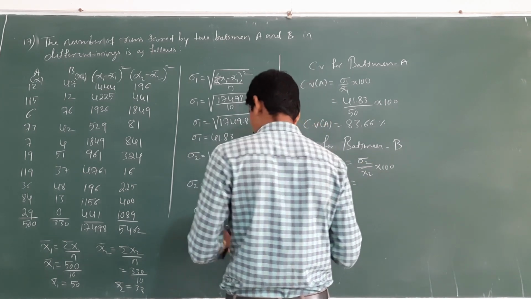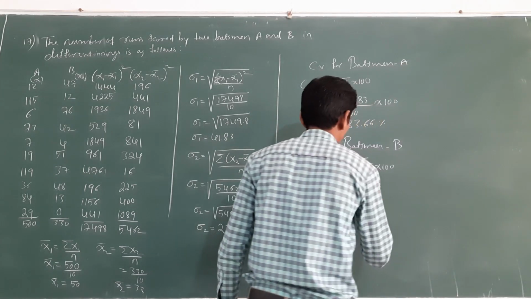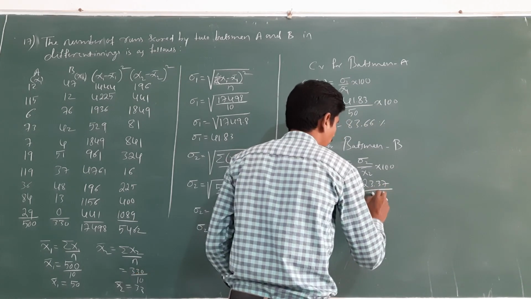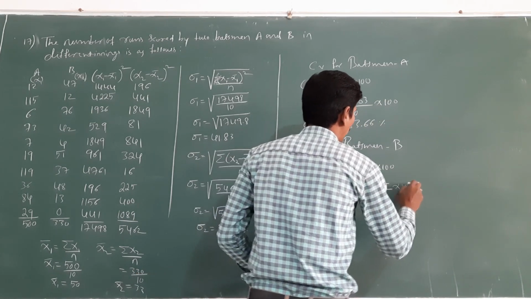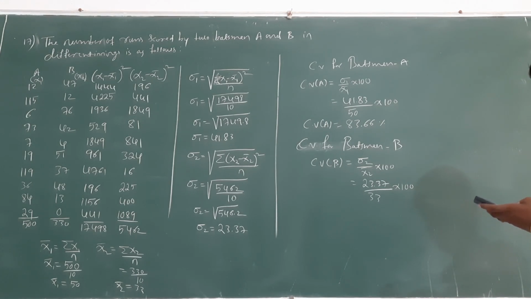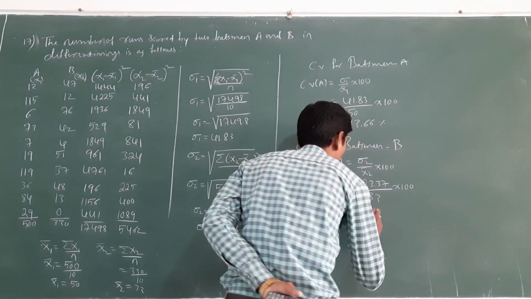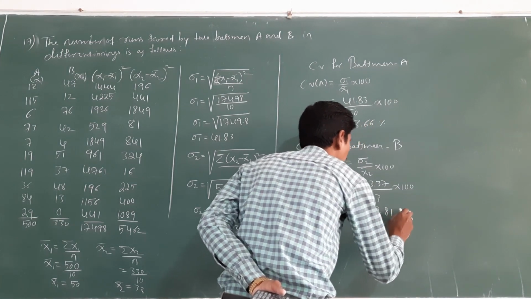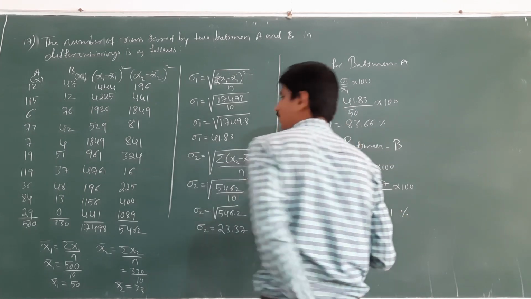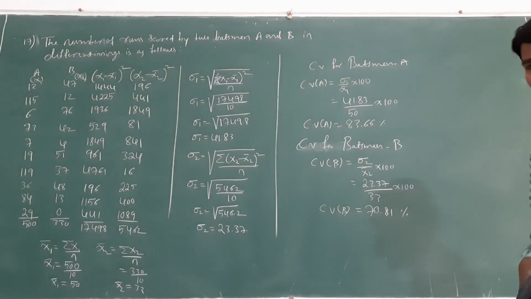Sigma 2 value is 23.37 divided by x2 bar value, 33, into 100. 23.37 divided by 33 into 100 is 70.81 percentage. CV for B is 70.81 percentage.